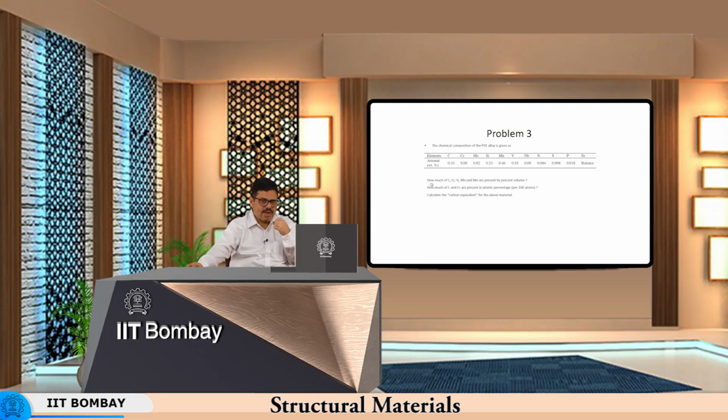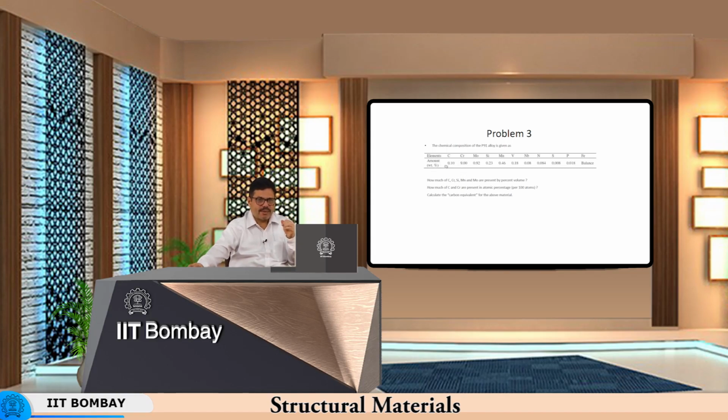So, now the question is how much of carbon, chromium, silicon, manganese and molybdenum are present by percent volume. All this chemical composition has been given as per weight of the material. So, if I take 100 grams of P91 alloy, I have 0.1%, right. 1% is 1 gram, 0.1% is 0.1 grams.